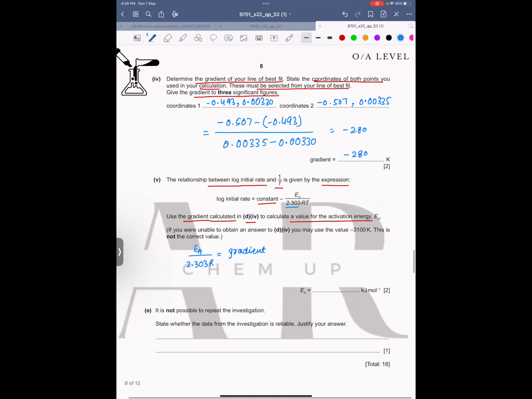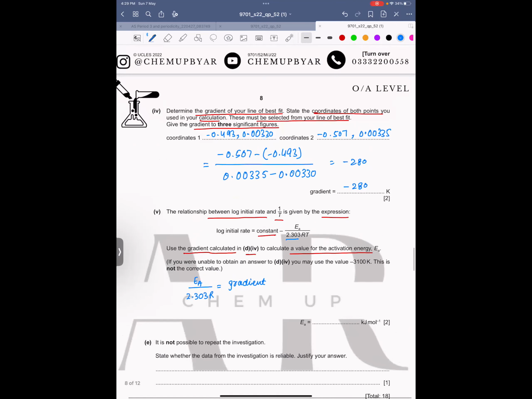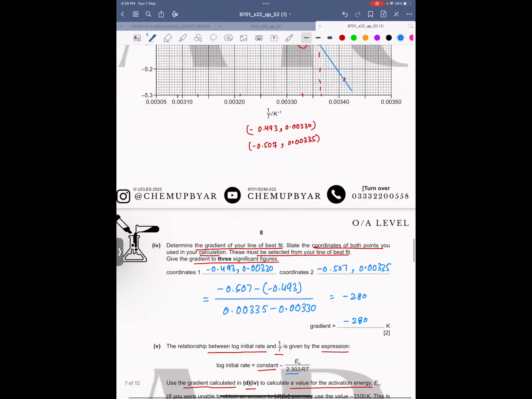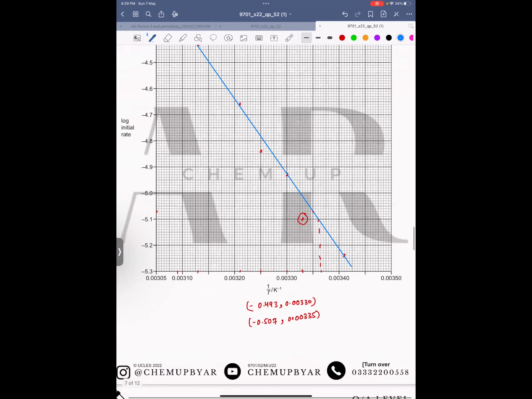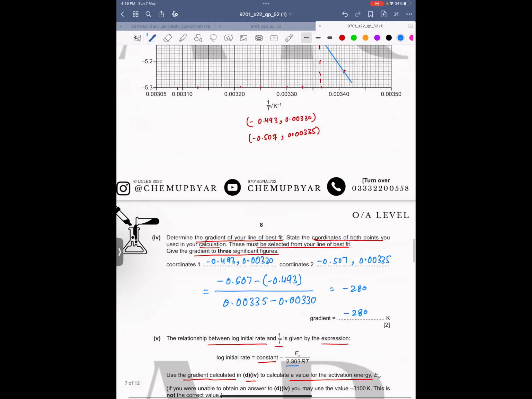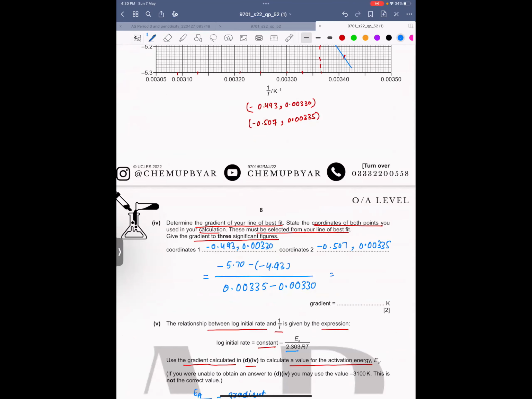So like the first one, why is it 0.493 instead of 4.93? Okay. Yeah, I didn't take the values calculation again. It is minus 5.07 minus 4.93. Sorry. It's not 0, it's 4.93 and it's 5.07.